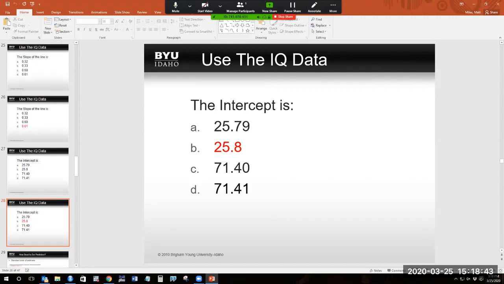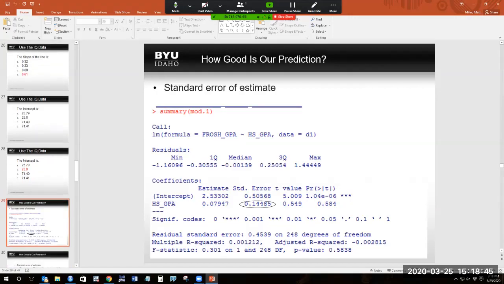Who cares? How good is our prediction? So that's the big question. This column here, standard error, tells you if you have a lot of error in your prediction for that. We want to do a hypothesis test and know if our predictor, our independent variable, is a significant predictor, or if there is a significant relationship between our high school GPA in this instance and freshman GPA.